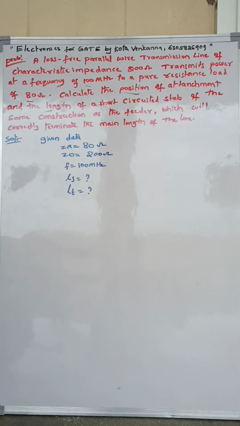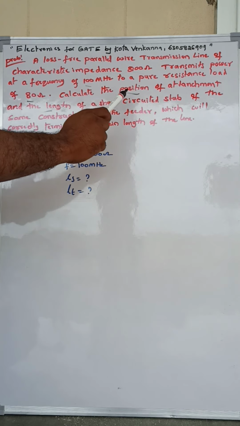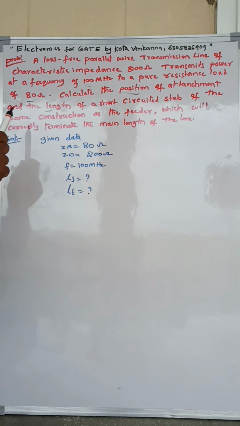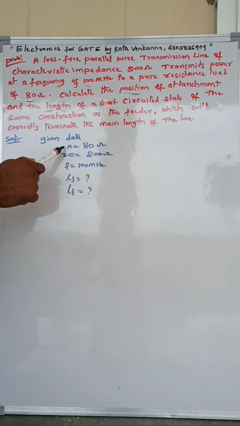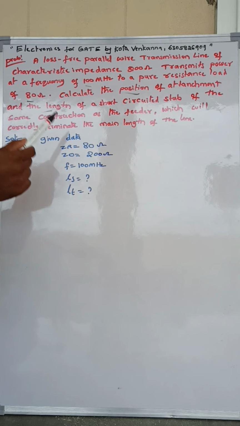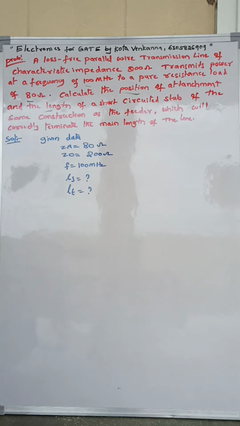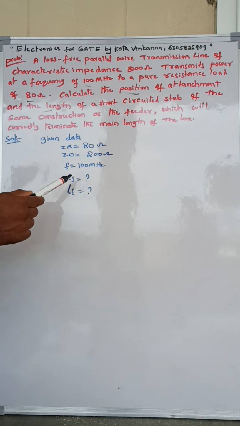By observing this problem, it belongs to single stub matching. So we have to find out the position of the stub and the length of the stub. For any problem, first of all we have to write down the given data: ZR is equal to 80 ohms, characteristic impedance Z0 is equal to 200 ohms, and frequency F is equal to 100 megahertz.